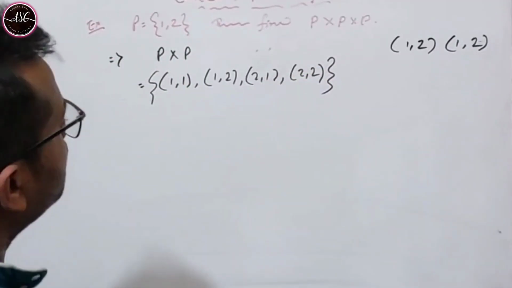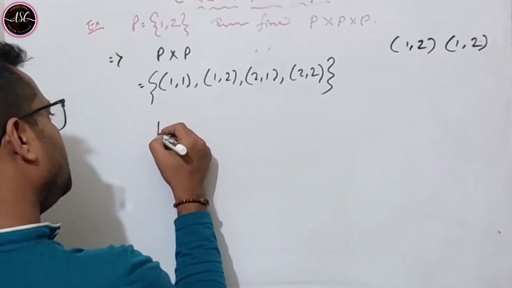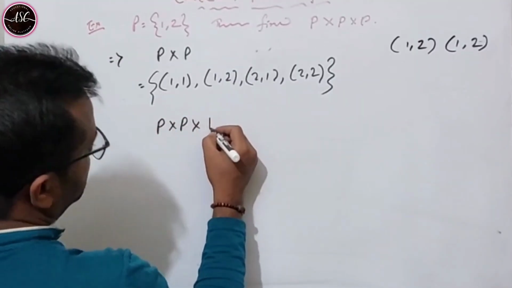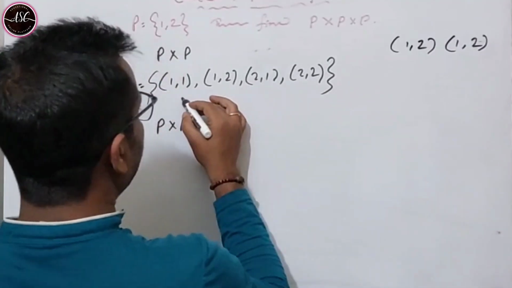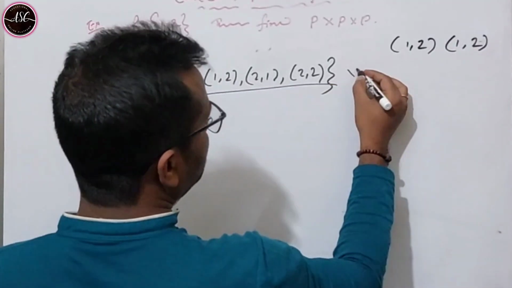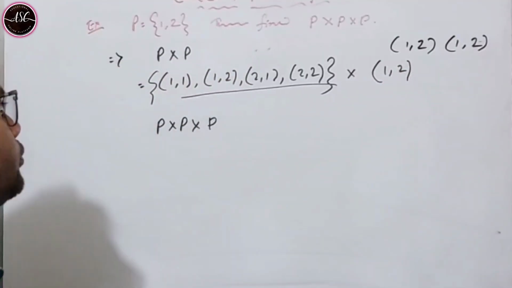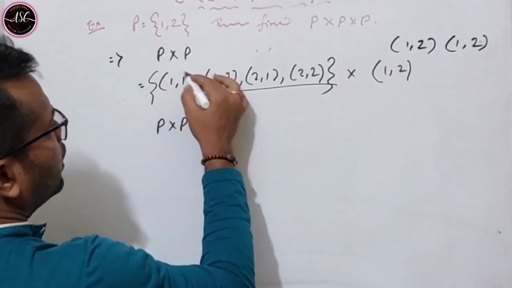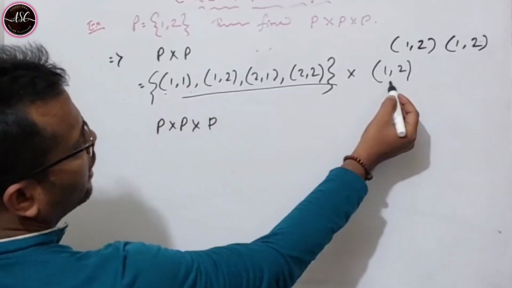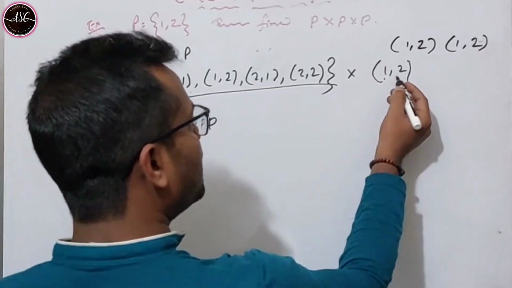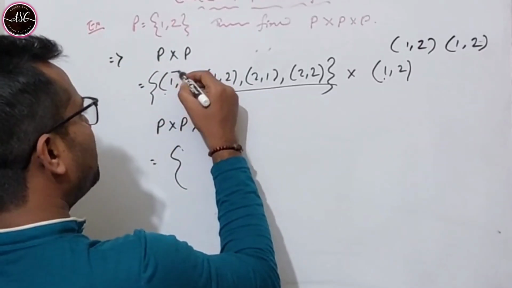Now we get P cross P. Now we are going to find P cross P cross P. That means this set cross {1, 2}. So in this set these are the elements, and in this set these are the elements.